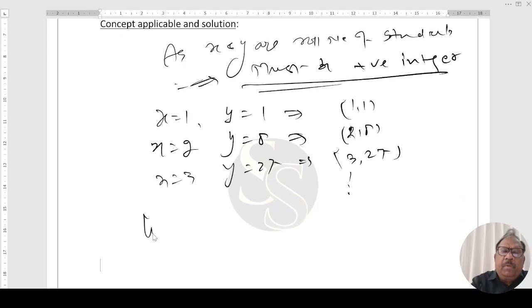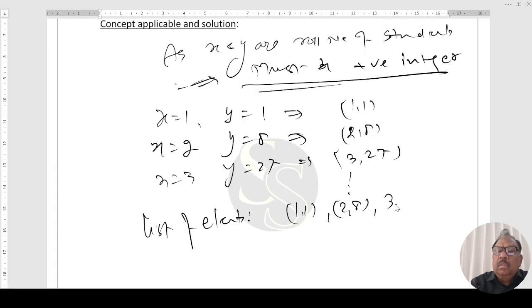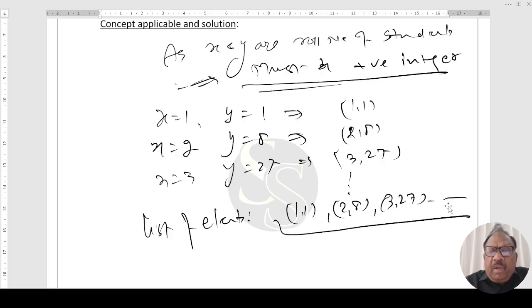The relation will be (1, 1), (2, 8), (3, 27), and so on. We have to define whether it is a function, yes or no.